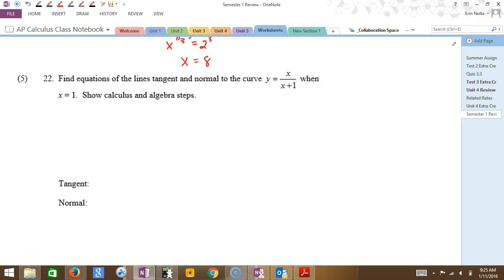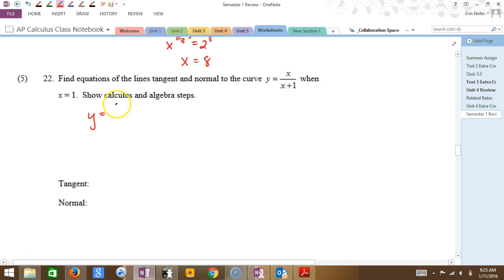Okay, so how do I start this? If I'm finding the equation, I'm thinking about slope. How do I find slope? Derivative. What method do I have to use for this one? Quotient. Okay, so it's going to go ho d hi minus hi d ho.